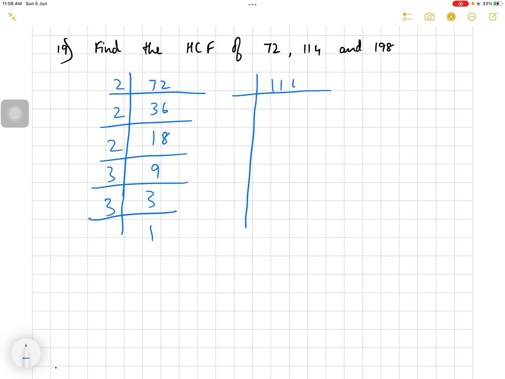Prime factors of 114: 2 57s are, 3 19s are, 19 1s are.